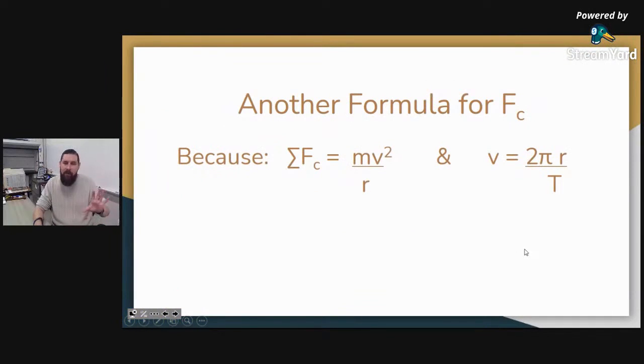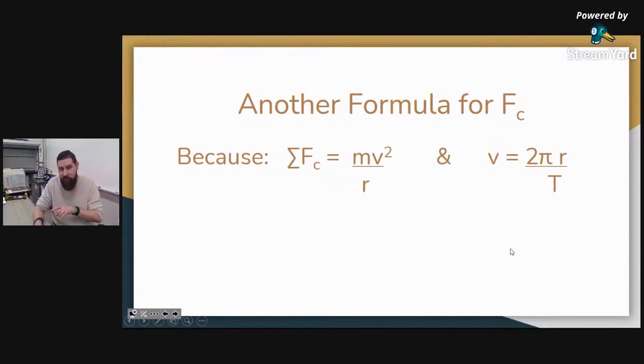Because we've got this expanded equation of mass times velocity squared per r, we can substitute in the equation for circular velocity, which again is 2 pi r per t, or the circumference over how long it takes to go through one revolution.